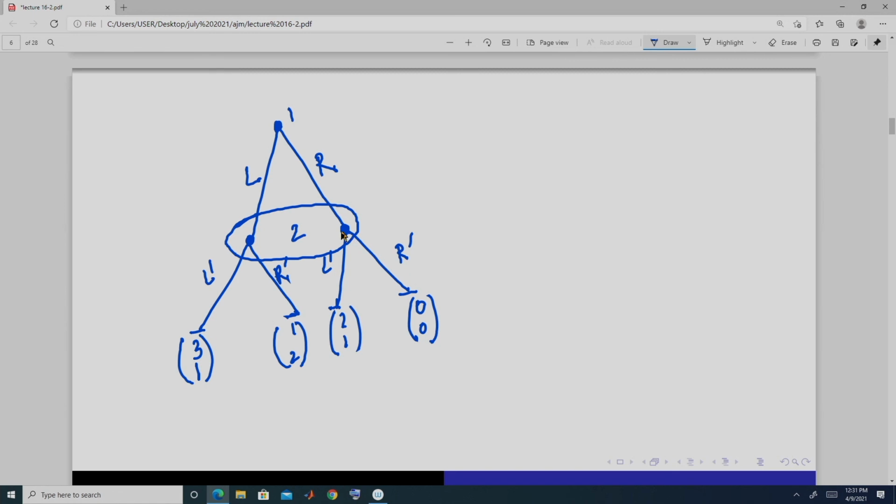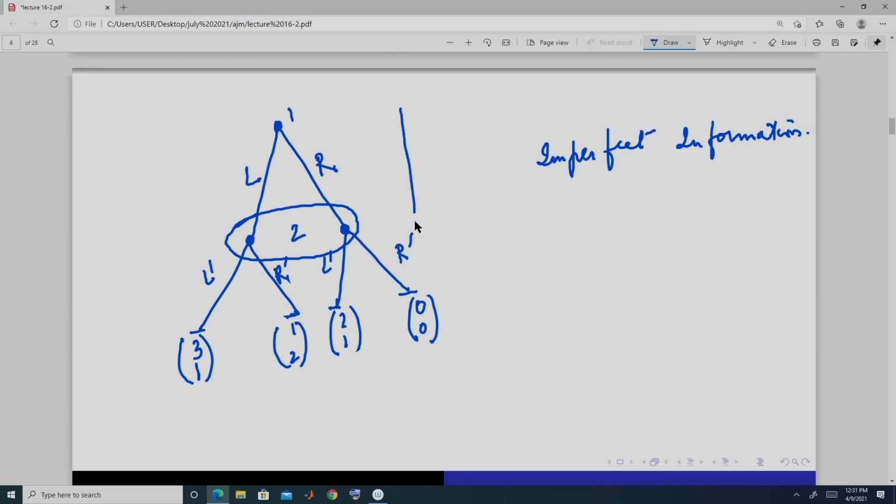In this sense it is imperfect information, because it doesn't know in which node it is lying, or what is the action chosen by player 1 or by the previous player.